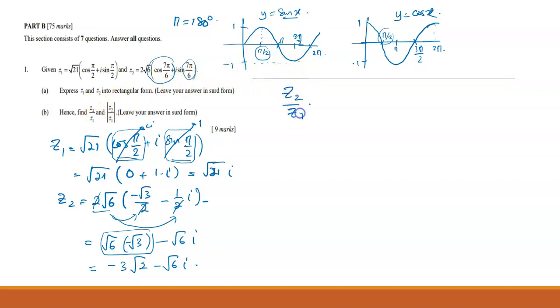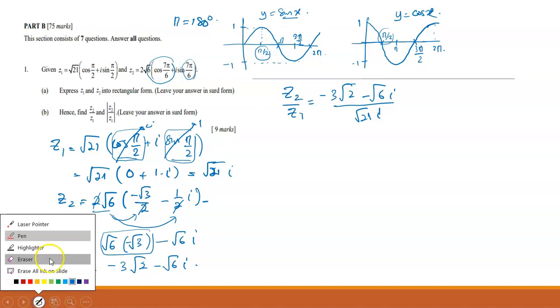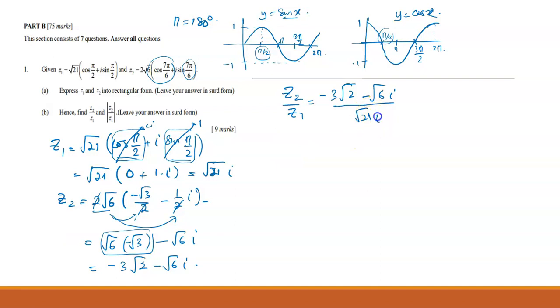Z2 divided by Z1 equals, Z2 here now is negative 3 square root of 2 minus square root of 6i divided by square root of 21i. So we are going to eliminate the square root from the denominator by multiplying with square root of 21i divided by square root of 21i.